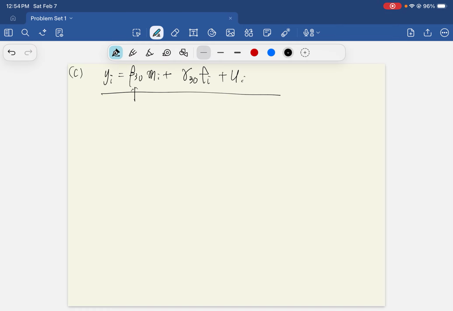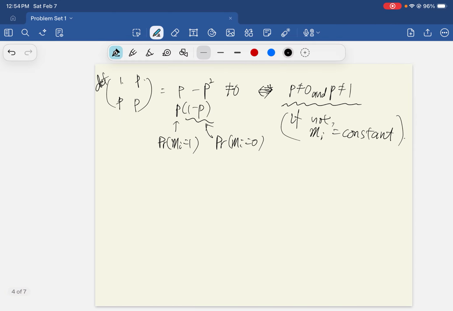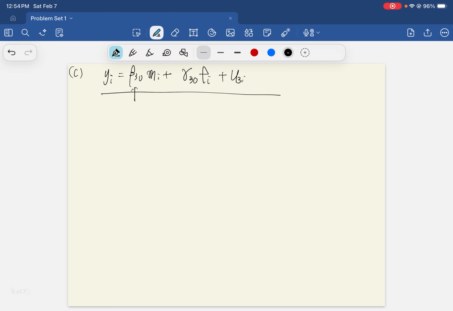Depending on which regressors you use, the coefficients may be different. So I also had to write a different u here, because depending on the regressor, the error term might be different.